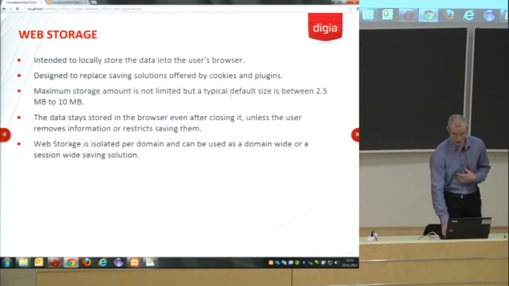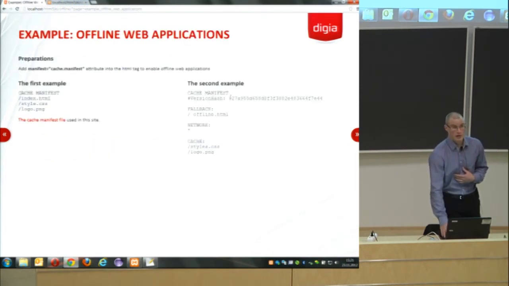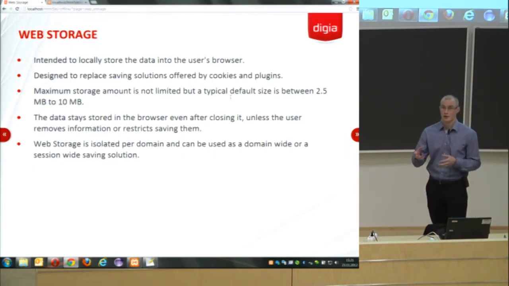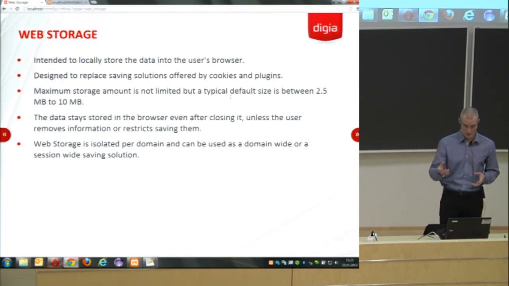When it comes to offline web applications, the default size the browsers are allowed to download is approximately 5 megabytes, but some browsers ask if more resources can be downloaded to the cache, if that is needed.